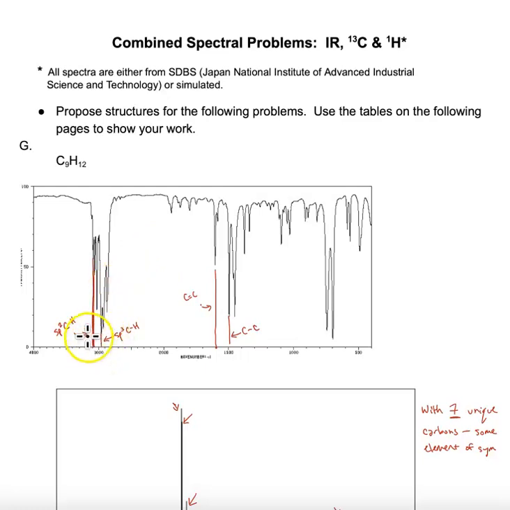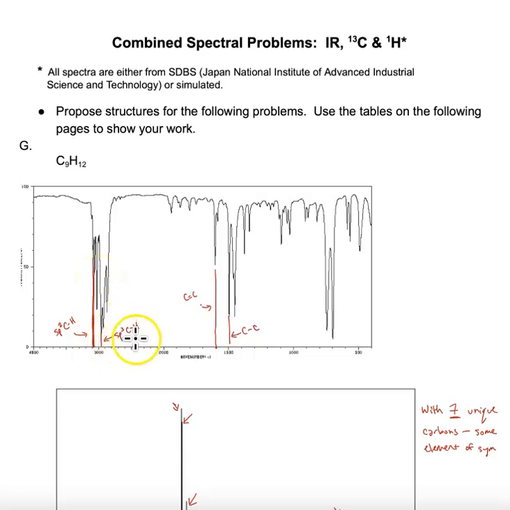Already right off the bat, working from left to right, I see a 3100 peak here. These are peaks, and those are what we'll be taking a closer look at. This is telling me an sp2 carbon-hydrogen bond is present in my molecule, indicative of an unsaturated molecule.